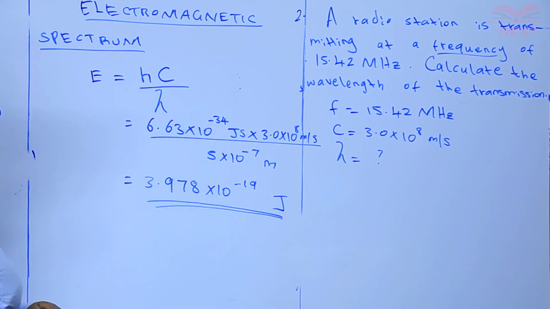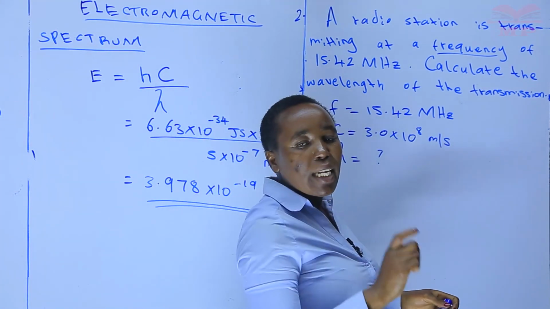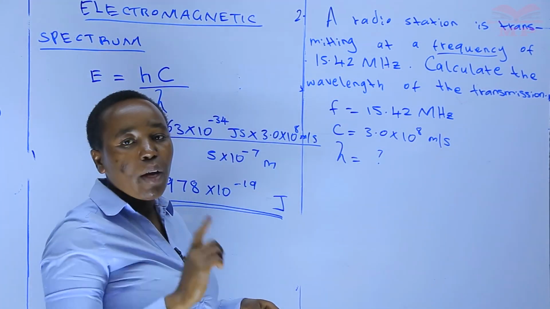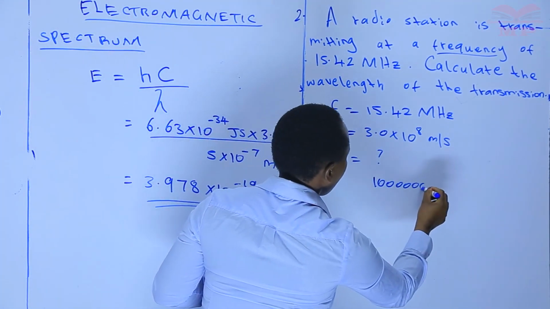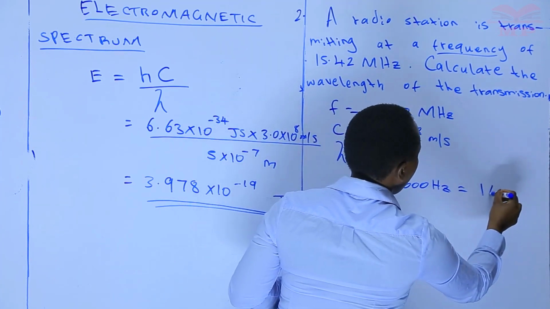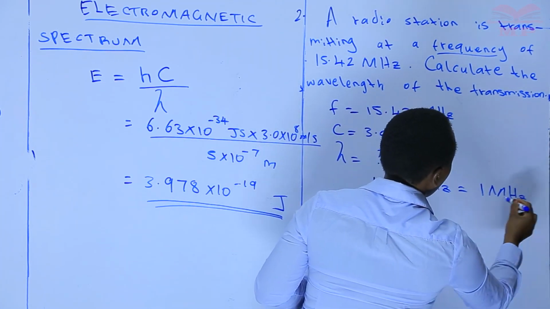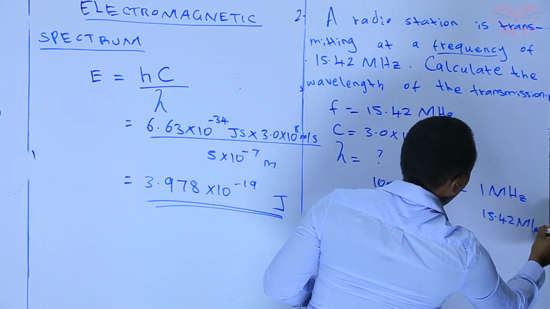Remember, before we calculate, we ensure that every quantity is in its SI unit. Here we have frequency in megahertz. We know that a million hertz is equivalent to 1 megahertz. So what about 15.42 megahertz?